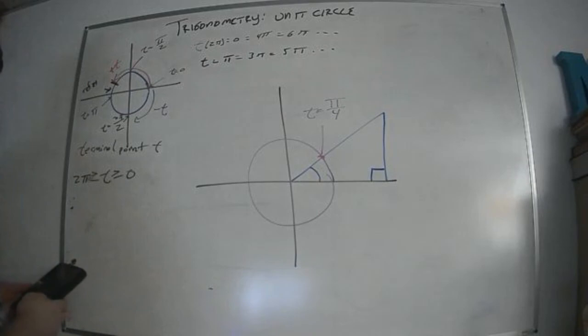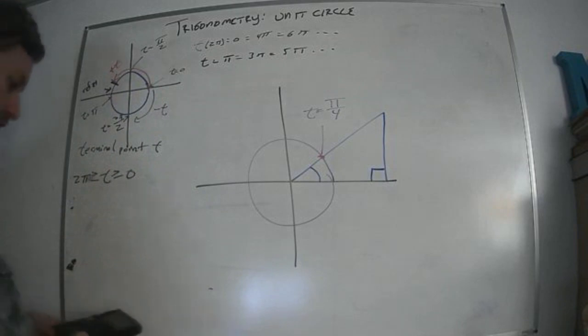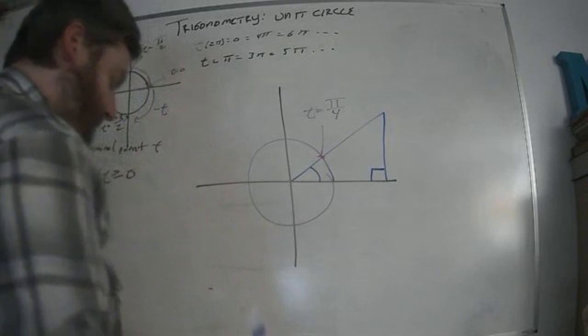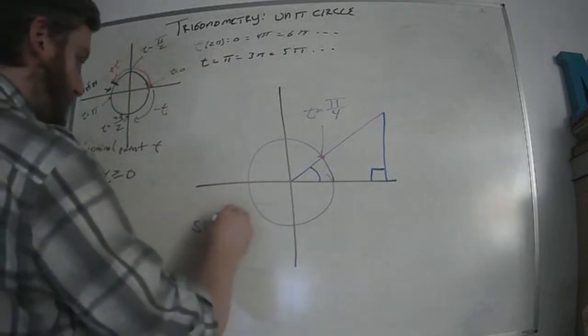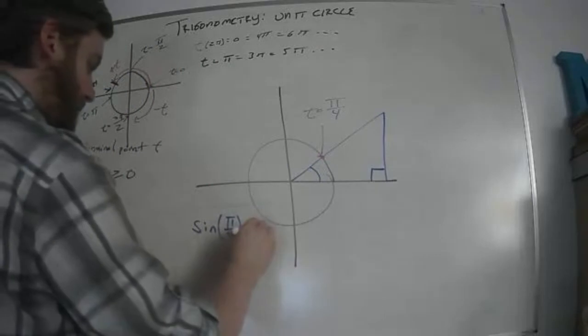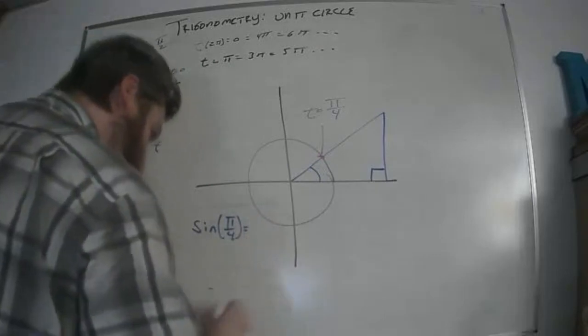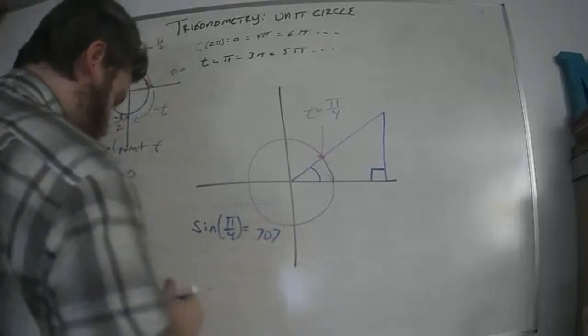Right, and I want to say, let's find the sine of pi over 4. So I can say a few things about this. I'm going to write them down. I can say sine of pi over 4 equals 0.707 approximately.